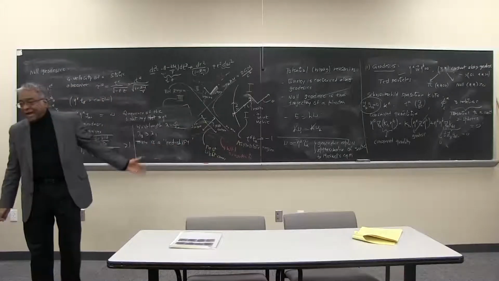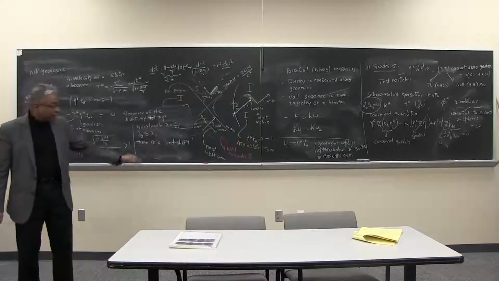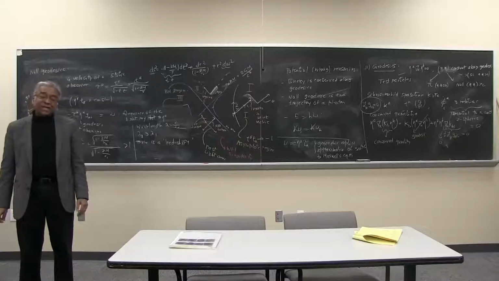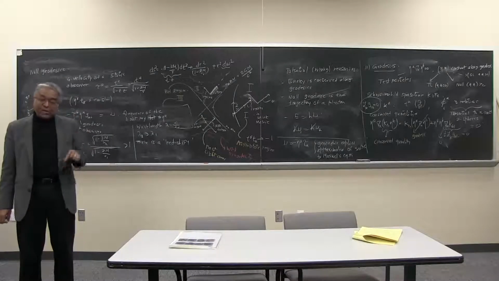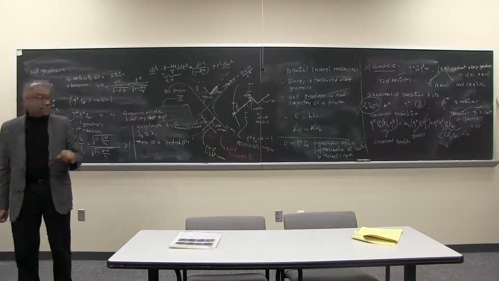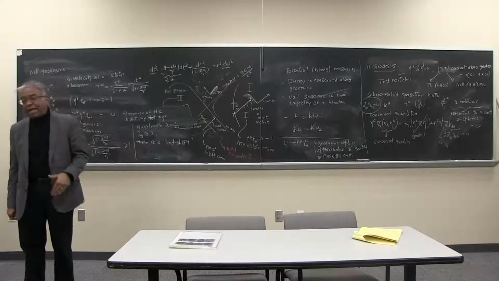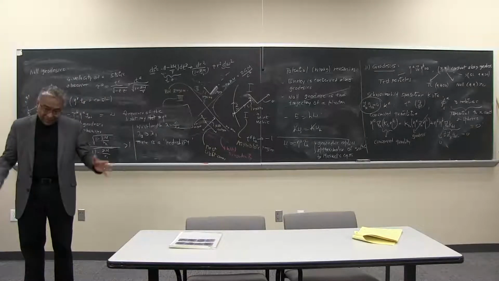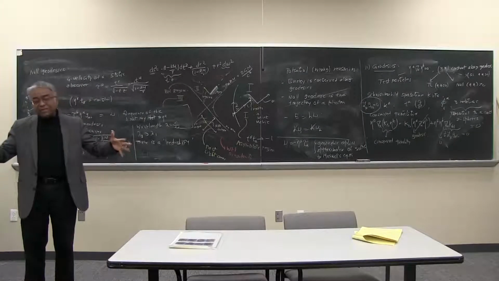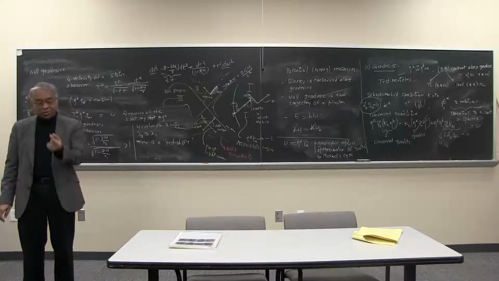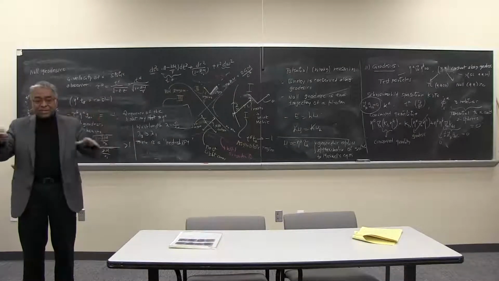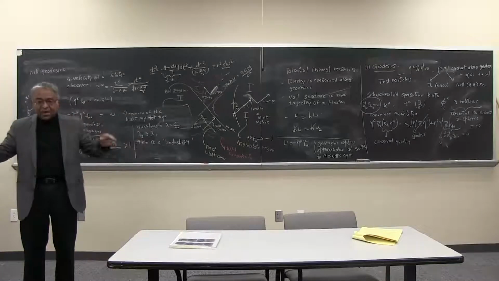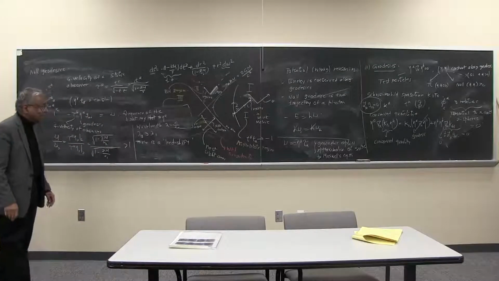Again, it's something that I could do in half an hour, but it's too much of a digression. This approximation is such that the amplitude is a slowly varying function, and the frequency is large compared to the curvature scale. So the wavelength is small compared to the curvature scale. The curvature radius is much larger than the wavelength.